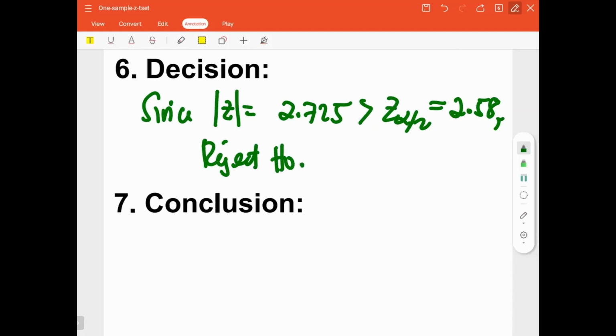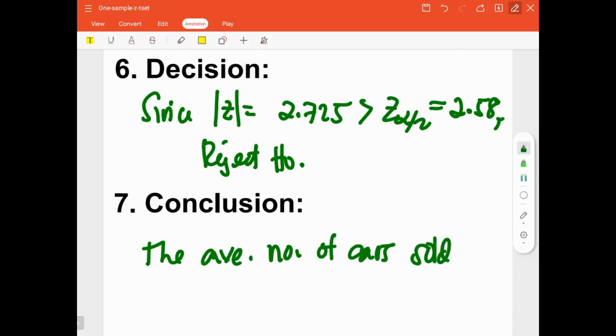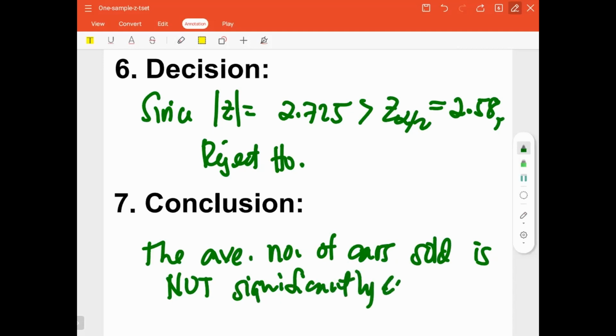That's the rule. If this is greater than, then we reject the null hypothesis. Again, after rejecting the null hypothesis, our conclusion will then be based on HA. So we would then conclude, with 99% degree of confidence, that the average number of cars sold is not significantly equal to 10.